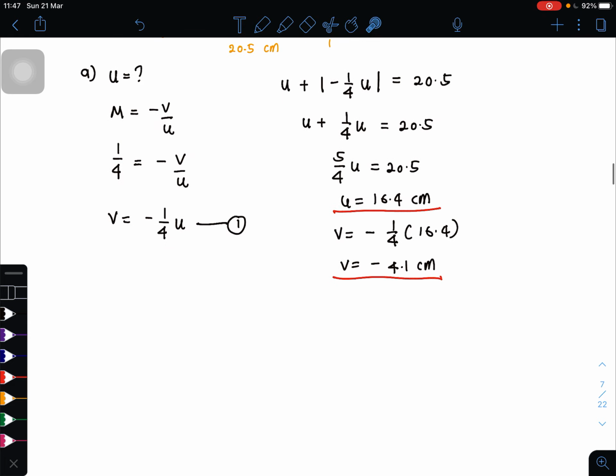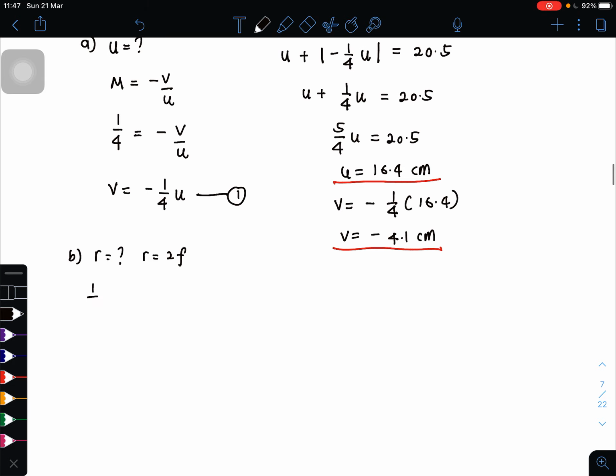So we want to find the radius, which is the value for R, where we know that R is equal to 2F, 2 times the focal length. So we need to find the focal length first. We have another formula for focal length, which is 1/f is equal to 1/u plus 1/v.